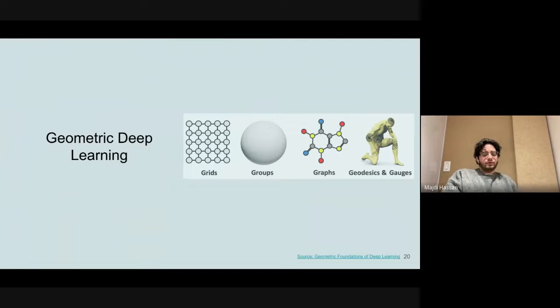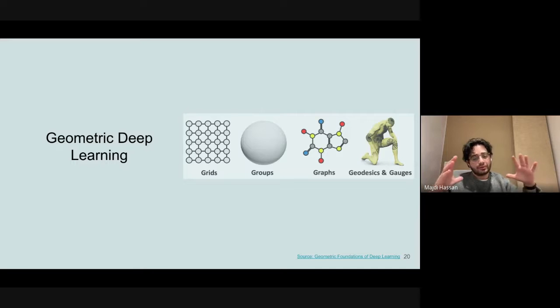So the first topic will be something called geometric deep learning, which is essentially this unification from Bronstein, Petar Veličković, Joan Bruna, and Taco Cohen. They are trying to explain why deep learning works so well, and it sort of boils down to the different geometries that are represented.